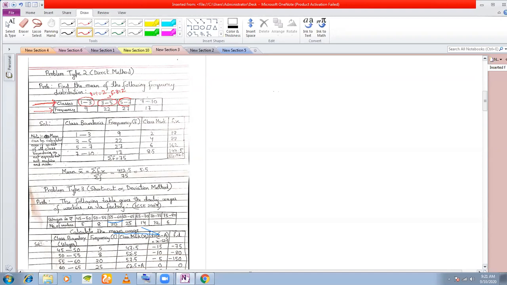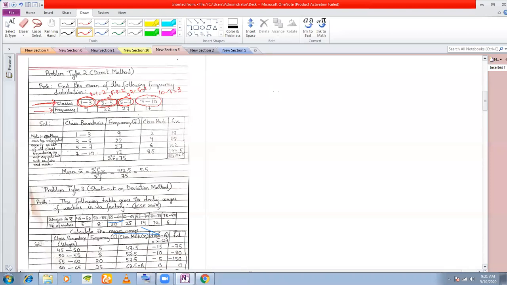Because I think the connection was unstable. So if you see, the class width here is 2. Class width here is also 2. Class width here is 2. 7 minus 5 equal to 2. But the class width here is 3.